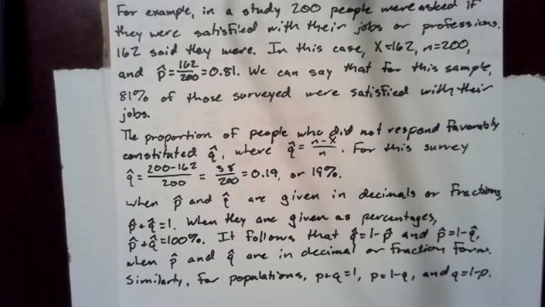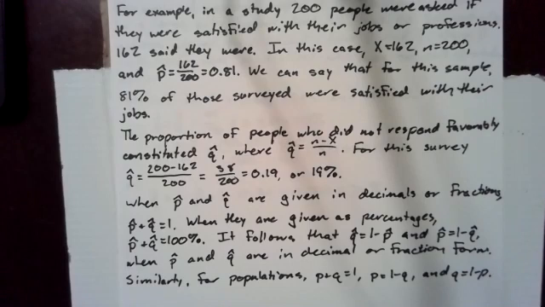The proportion of people who did not respond favorably constituted Q hat, where Q hat equals N minus X over N. For this survey, Q hat equals 200 minus 162 over 200, which is 38 over 200, or 0.19, 19%.